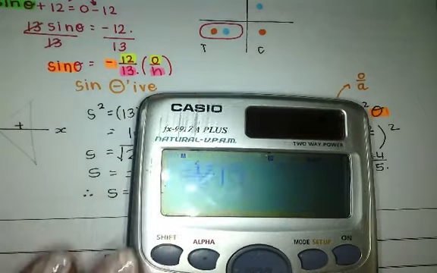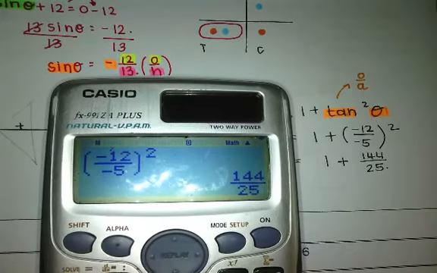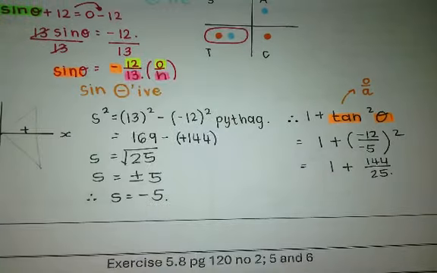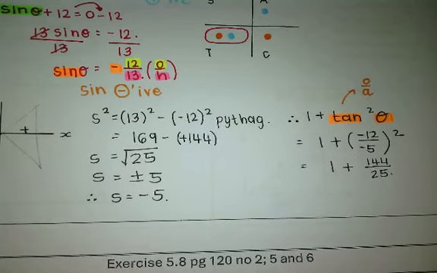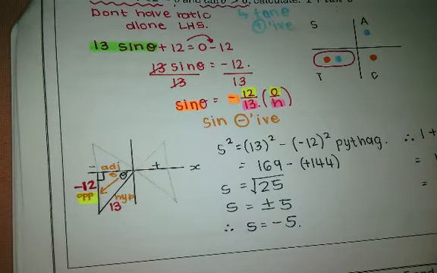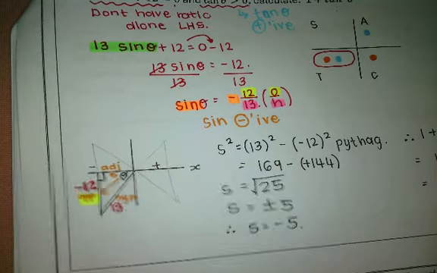Yeah, so look, negative 12, negative 5 squared. What happened to the tan? Remember, we're substituting what the value of tan theta is. Tan theta in this triangle, its value is negative 12 over negative 5.